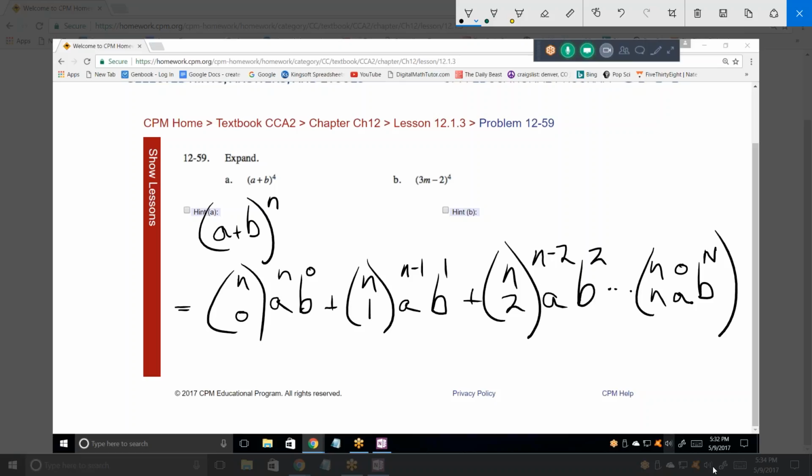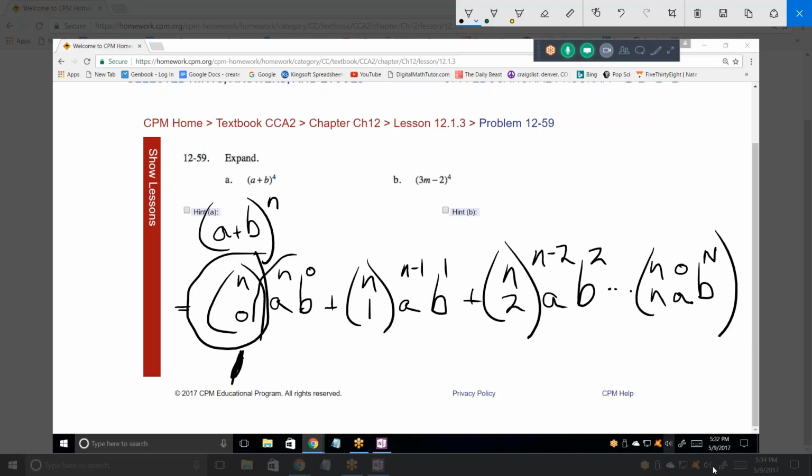So, let's just do a straight substitution. What does this become? 1, or 4 choose 0. You're right, 1 is it. What's the next term? 2.